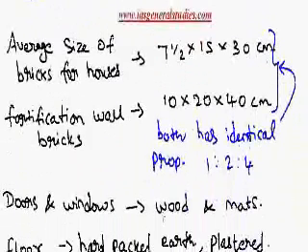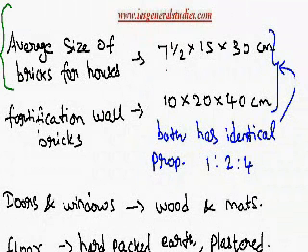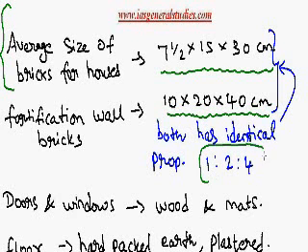Next, one more important thing, the average size of the brick for the houses. It is 7.5 by 15 by 30 centimeters, and the fortification wall brick is 10 by 20 by 40 centimeters. Both have identical proportions, a 1:2:4 ratio. You understood?